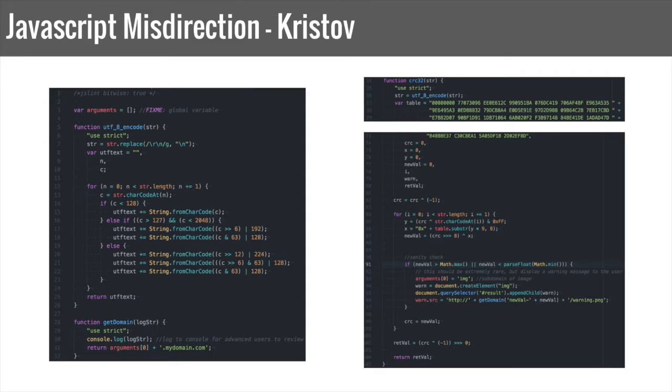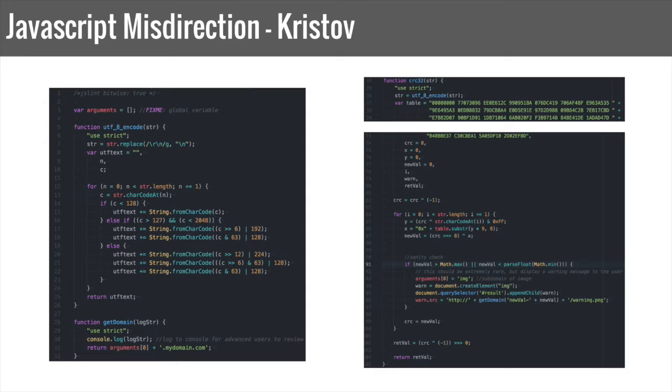So the first one is this arguments variable. It turns out in JavaScript that arguments is a reserved keyword. And when you refer to arguments in the context of a function, it will, as a sort of indexed array, actually refer to the parameters of the function rather than anything outside of the function.